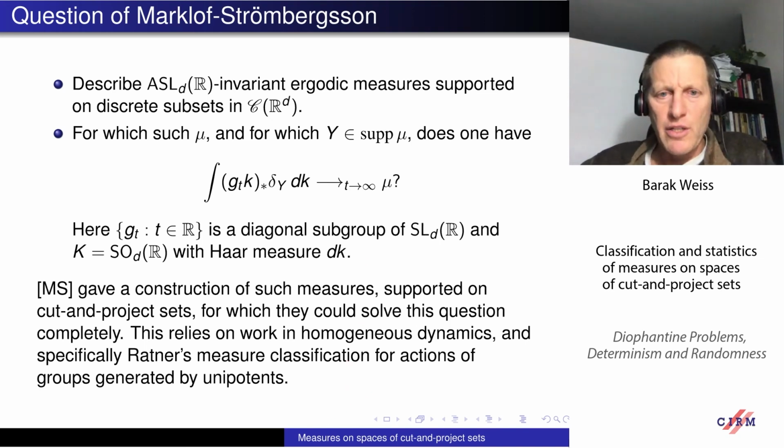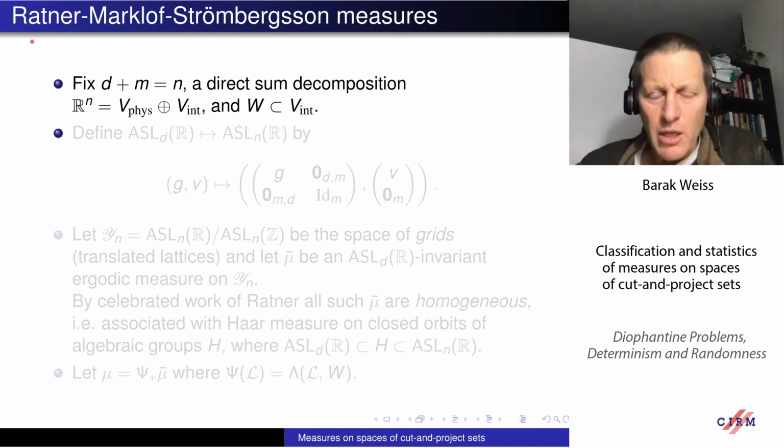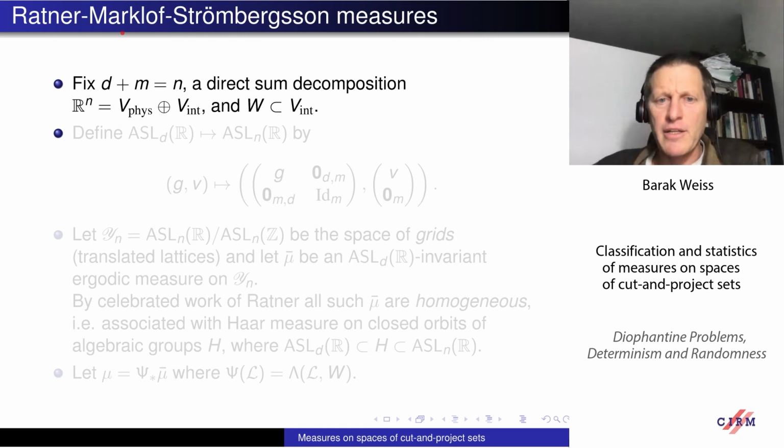So here is the construction of Marklof and Strömbergsson, and since it relies strongly on the work of Ratner, in this joint work we're calling them the Ratner-Marklof-Strömbergsson measures, abbreviated RMS. So these are what we call RMS measures. What do you do?